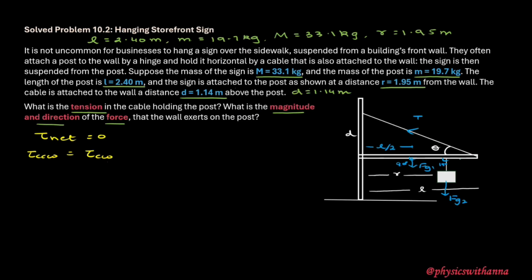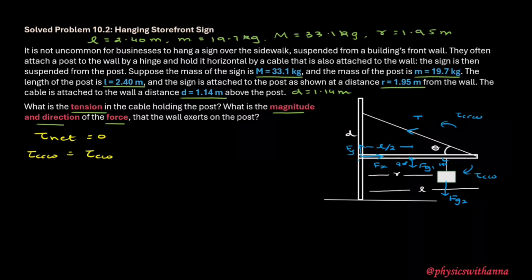Fg1 and Fg2 are trying to pull the post down, so they produce a torque which is clockwise. Tension T on the other hand produces a counterclockwise torque. There will be a normal force that the wall exerts on the post, which we can call Fx, the horizontal force, and the force of friction preventing the post from falling down, which we can call Fy.